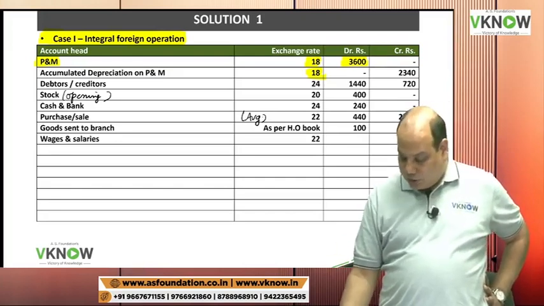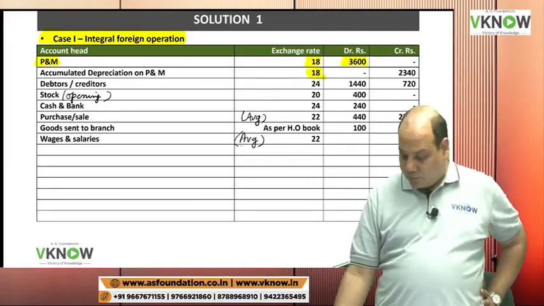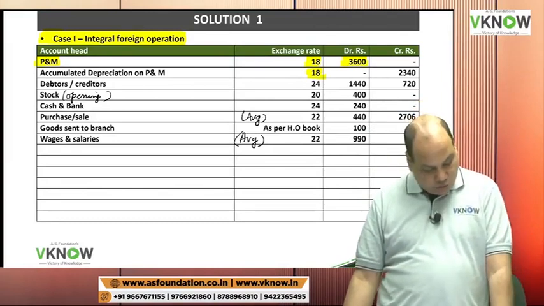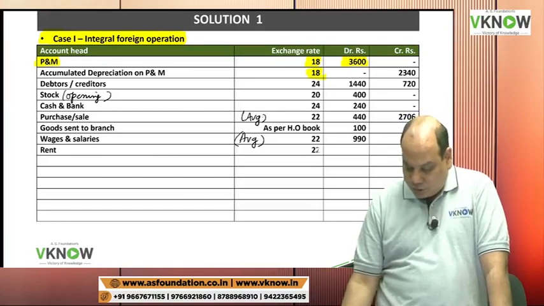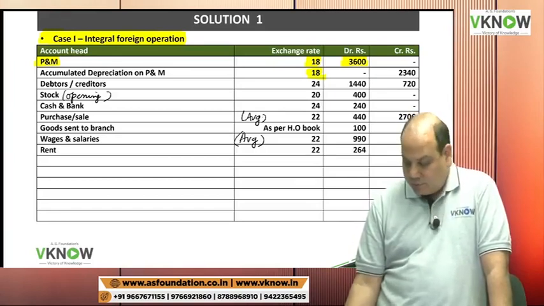Wages and salary will take the average rate. Income or expense items at the average rate: 22 into 45 is 990. Rent, average rate, 22 into 12 is 264.